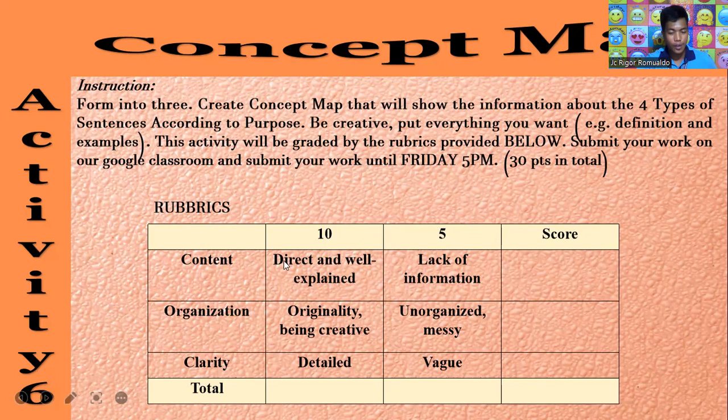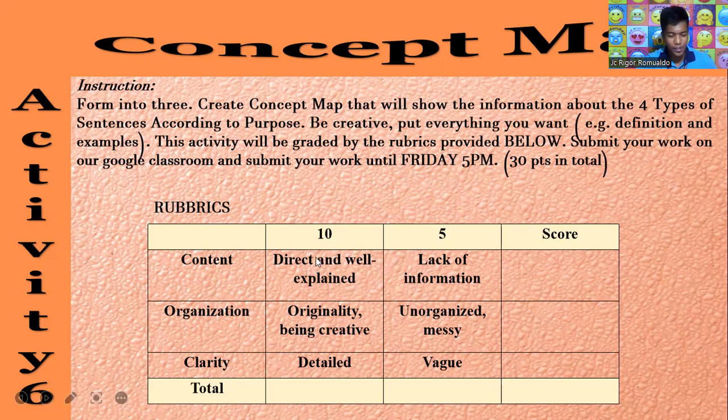For content, you will get 10 points if your concept map is direct and well explained, 5 points if it lacks information. Organization, if you have originality and creativity. You will get 5 points if unorganized or messy.